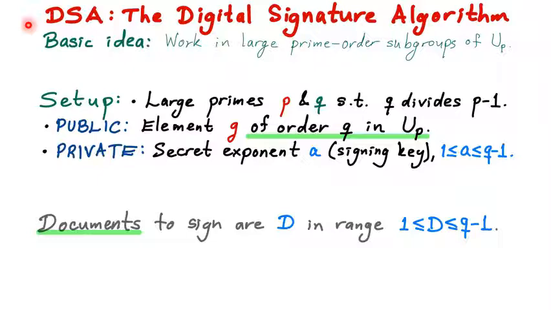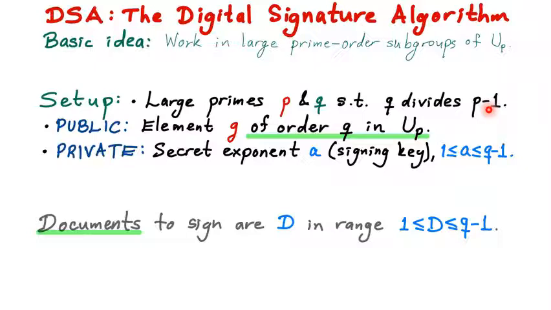So the first thing that DSA does is simply choose at the outset to work in a prime order group, right? So the setup here is just like before, a large prime P, but there's a second prime Q, which you should choose to be a large prime, which is a divisor of P minus 1.